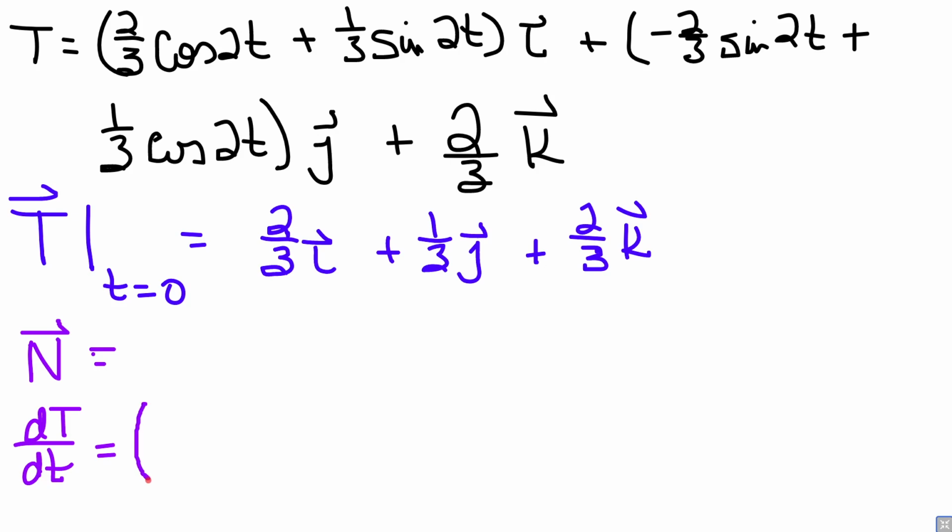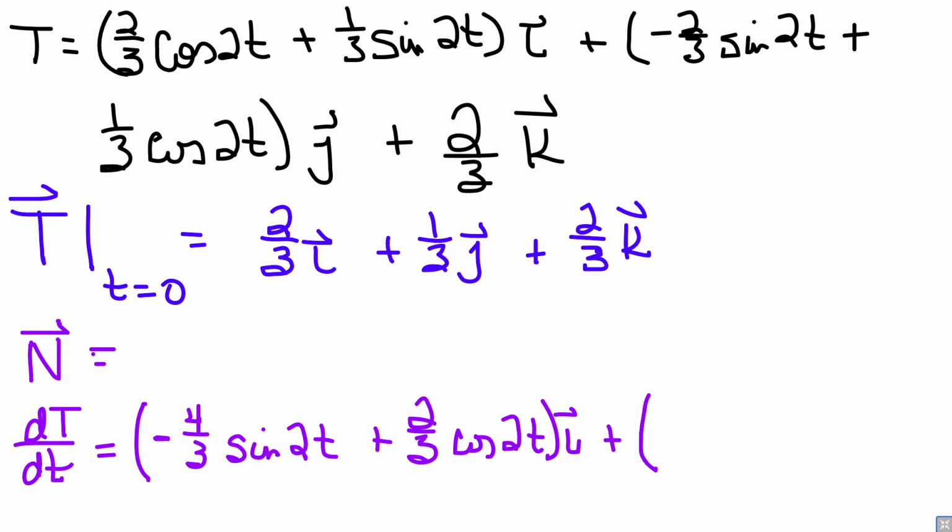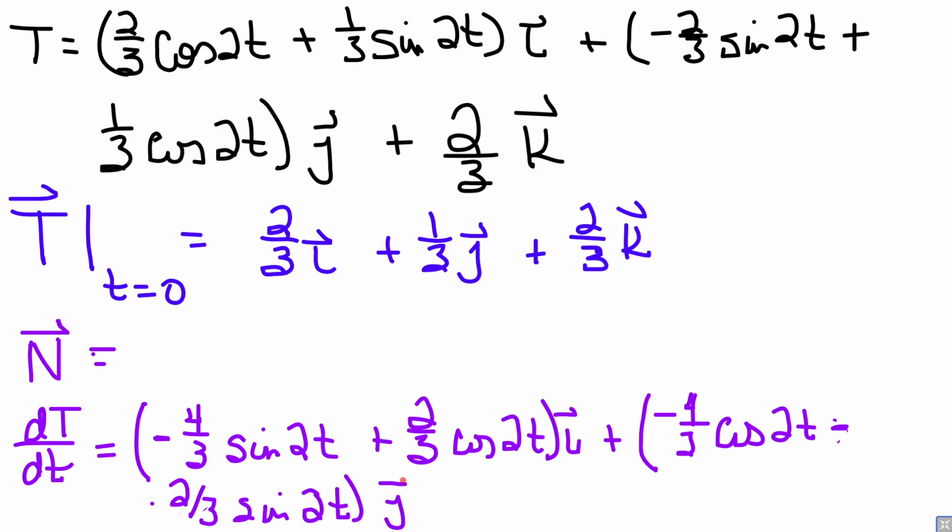So if we take the derivative of the unit tangent with respect to time, we're going to end up with negative 4/3 sine 2t plus 2/3 cosine 2t in the i direction, plus negative 4/3 cosine of 2t, actually it's going to end up being minus 2/3, sorry, 2/3 sine of 2t in the j direction, and then for the k component, it's going to be 0.